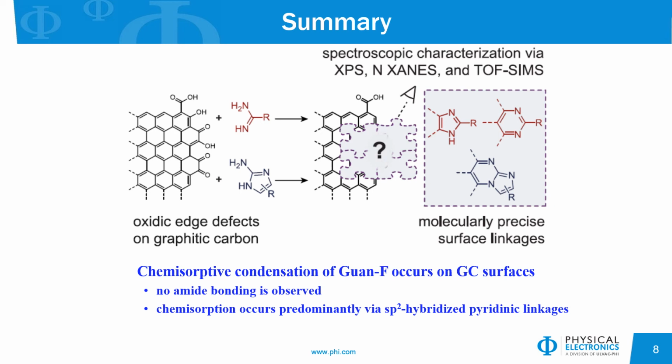Further, we have been able to determine that there is no amide bonding observed, and the chemisorption occurs predominantly via sp2 hybridized pyridinic linkages.